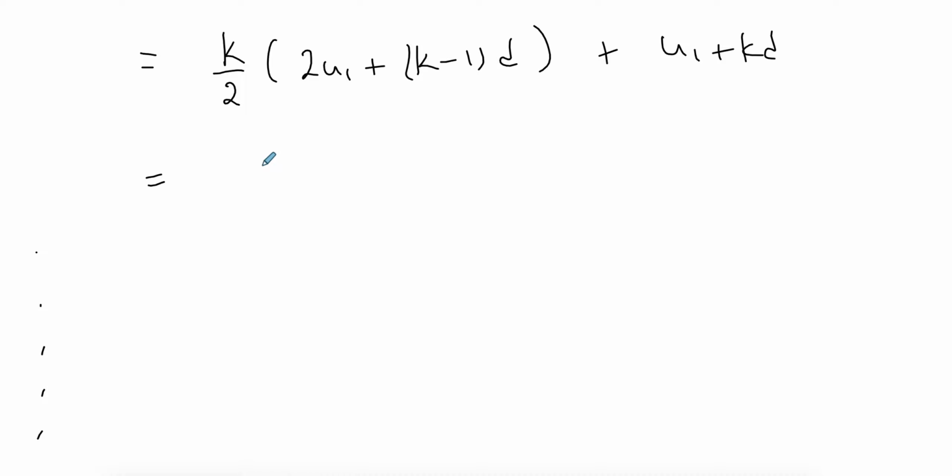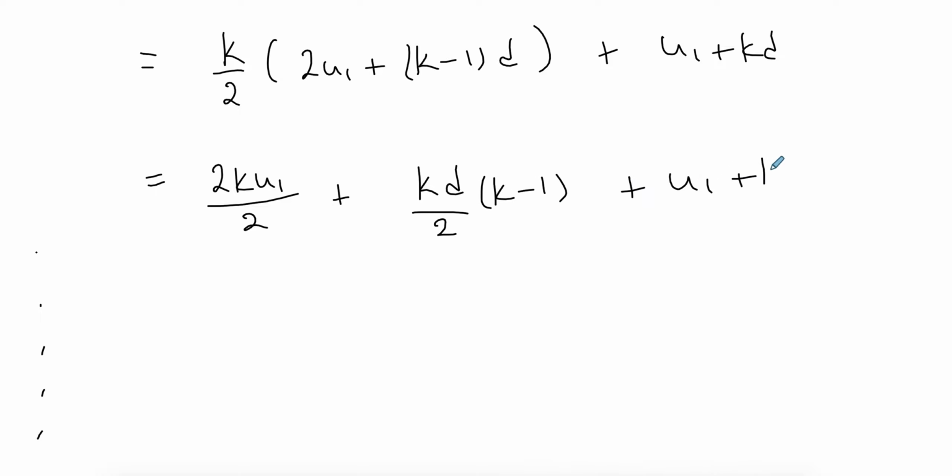So I first expand out, so I'm going to get 2ku1 over 2 plus, just to keep it simple, kd over 2 times (k minus 1), plus u1 plus kd.